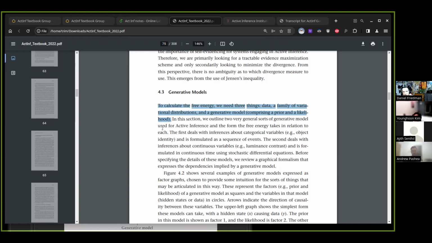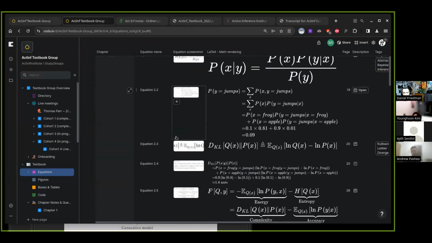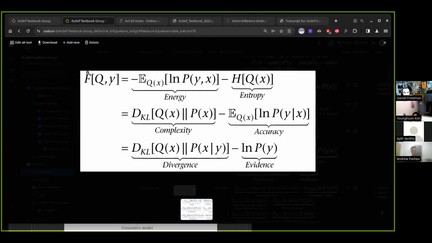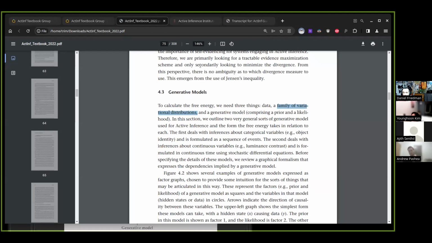So it makes it clear where's the conversational and the speculative, and then how do we get to a point where we can calculate the free energy about the data with respect to the distributions. Equation 2.5, variational free energy about the variational distribution and the data. So that's how we get there.